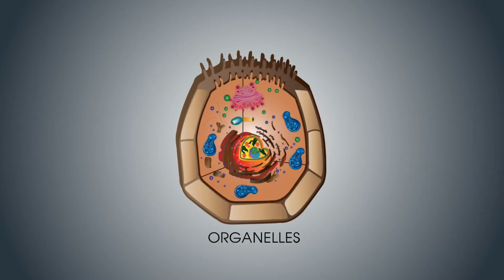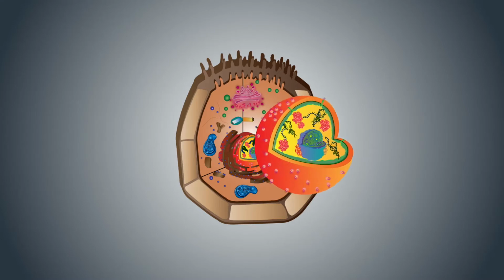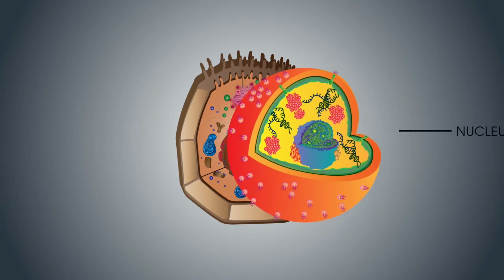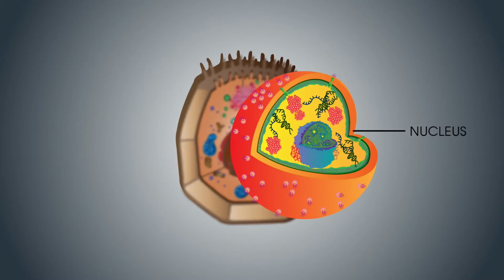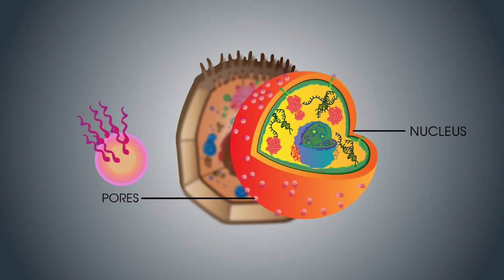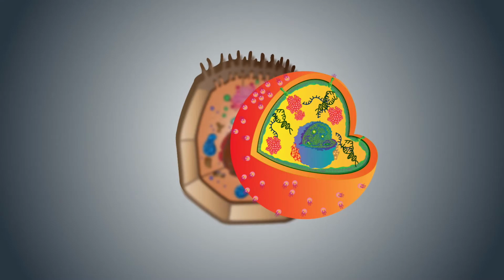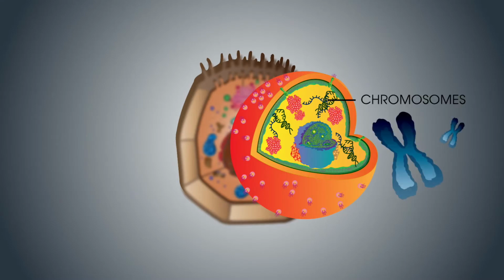Inside the cell membrane, there are many different structures called organelles, which literally means little organ. One organelle, the nucleus, is the control center of the cell. The nucleus has a membrane that has pores in it. These allow certain molecules to enter or leave the nucleus. Inside the nucleus, there is fiber-like material called chromosomes.